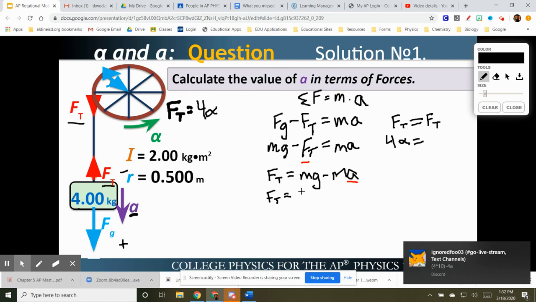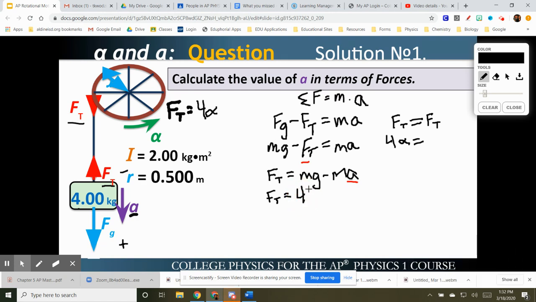So I'm just going to make 4 times 10 to be 40. And then what's the unit on that? Newtons. Minus, and then the mass here is 4A. Okay, so now I'm going to come over here, and this is where things get interesting. I'm going to put the expression we just did, 40 minus 4A.